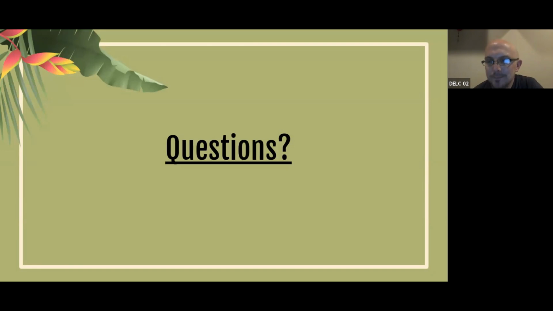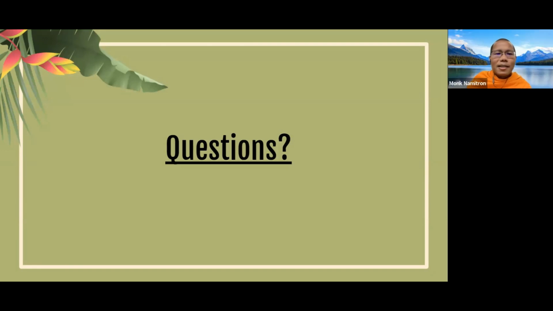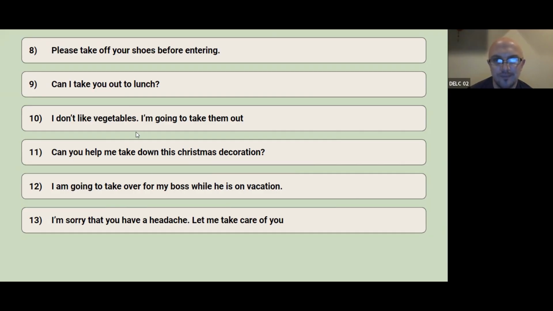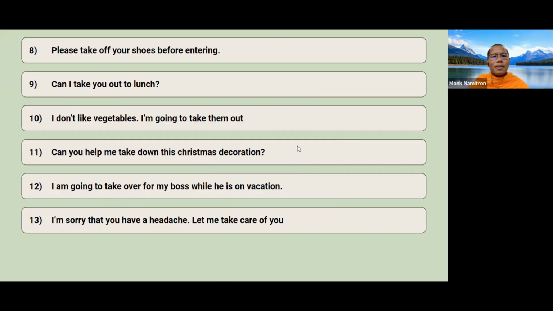I have some questions about the vegetable. Sure. You can say vegetable or vegetable. Normally, when we spell the word, it looks like vegetable, but actually when we pronounce this word, we just say vegetable.